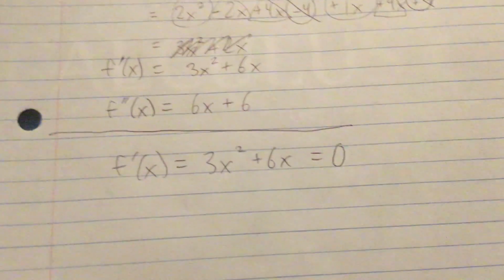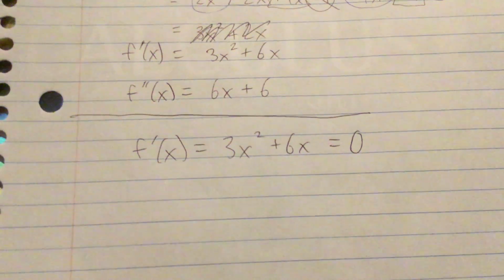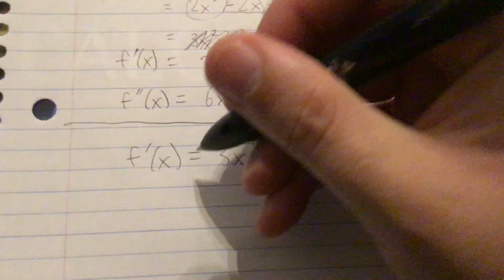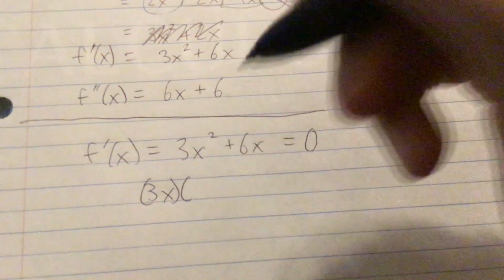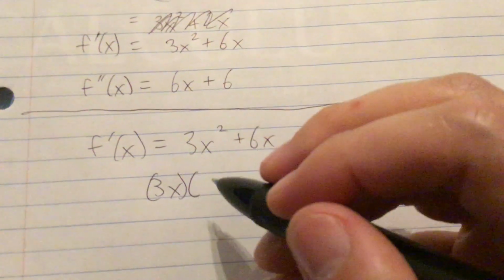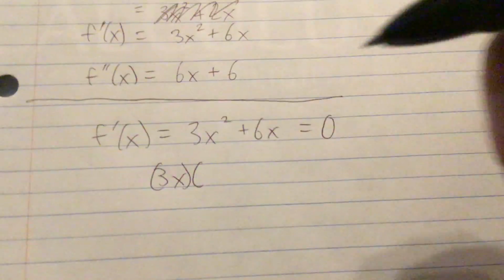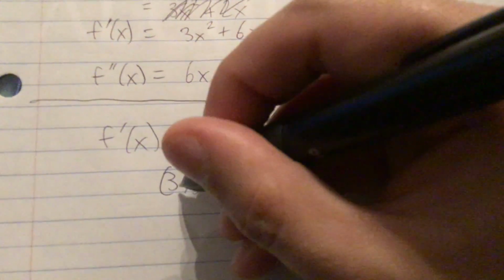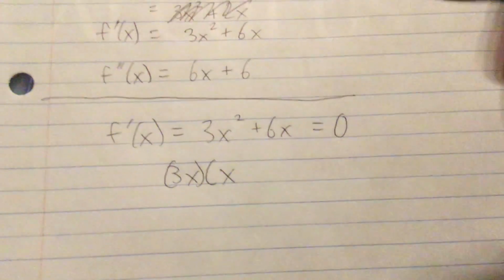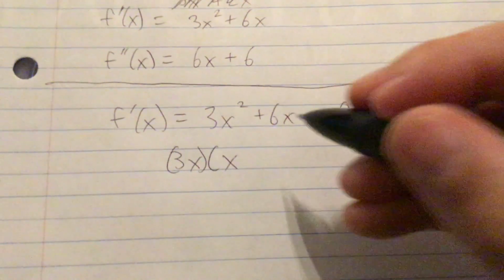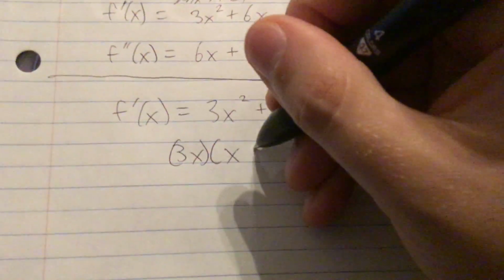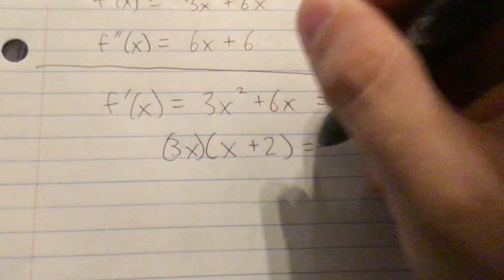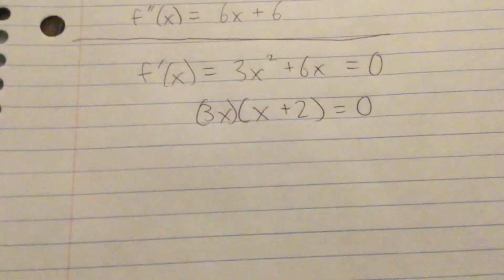What can I factor out of 3x squared and positive 6x? I'm going to factor out a 3x. 3x times what is 3x squared? That would be another x. 3x times what is 6x? That would be positive 2. So 3x times x plus 2 is equal to 0.